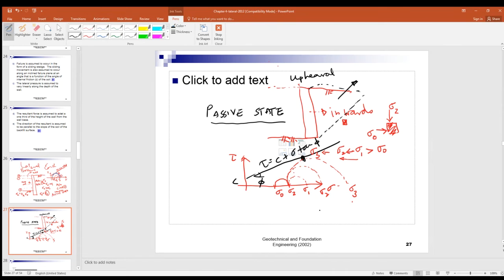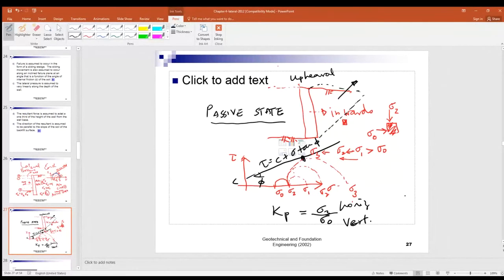Now, the sigma 3, the horizontal stress, over sigma naught is the passive pressure coefficient. Remember, it's always the horizontal stress over the vertical stress.